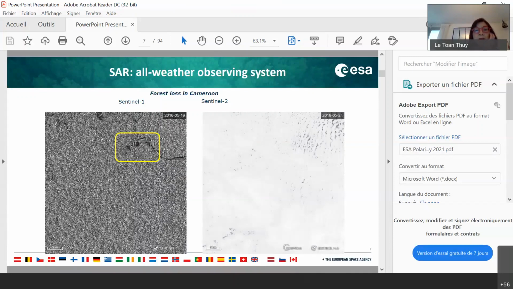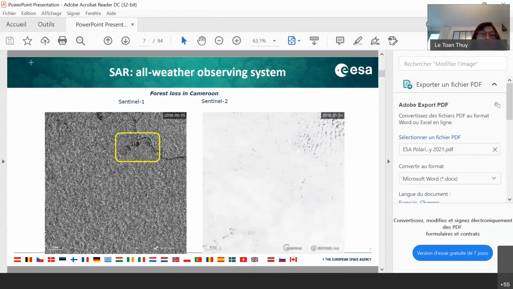Here we have the all-weather observing system. Here we look at the forest in Cameroon with Sentinel-1 and Sentinel-2. And on many days, we just see the cloud with the Sentinel-2, and with Sentinel-1, we follow the deforestation in this part.